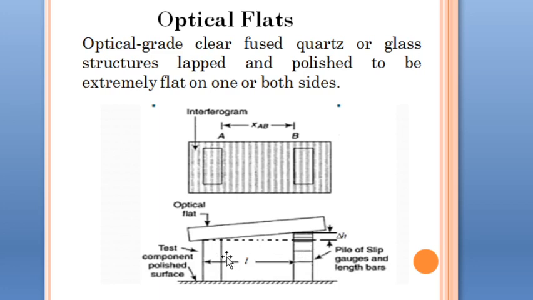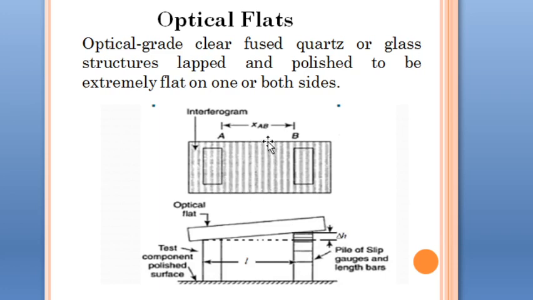Suppose the slip gauge and work part are both the same height and both have the same fine finish. Here the difference is nil, therefore del H is 0. Suppose there is any difference, the deviation occurs at the right edge. This is the interferogram.